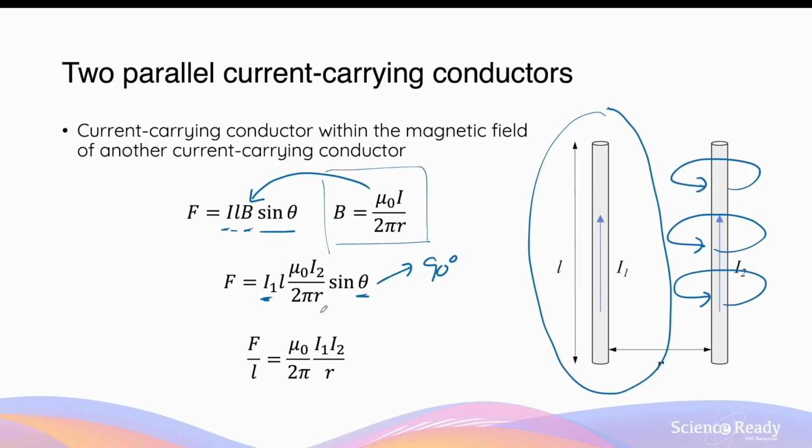So this simplifies the equation into F over L equals mu naught over 2 pi times the product of the two currents in the two conductors, I1 I2, divided by r, which is the distance between the two parallel conductors. This equation is only used if you want to determine the force between two parallel current carrying conductors. The way you remember it is to realize that there are two values for current, I1 and I2, which are the values of current that flow through the two parallel conductors.